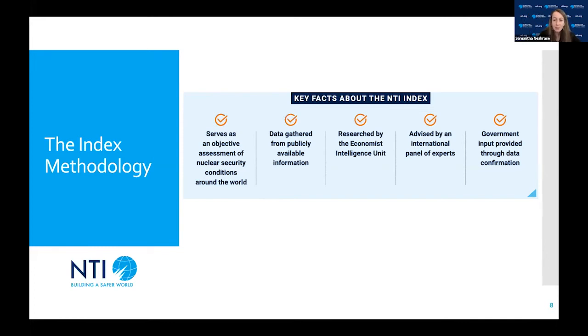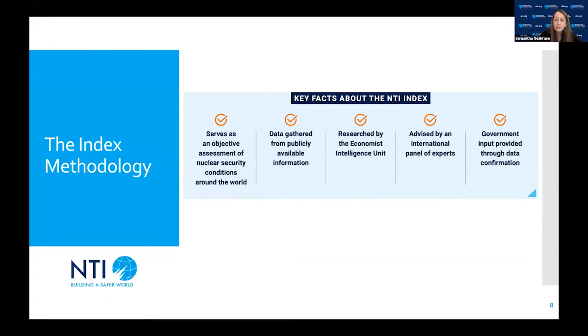Again, this is research by the Economist Intelligence Unit. We also want this to be an international product and represent international priorities. So we have an international panel of experts that advises us on what to include in the index. And Hubert, we were lucky to have him join our panel of experts, which represented 13 different countries.